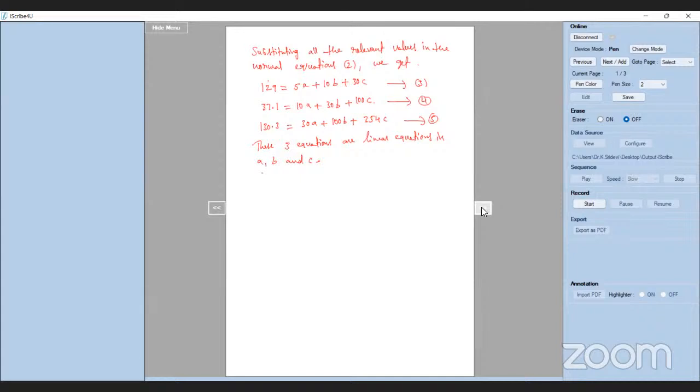To find the values of A, B, and C, we have to solve all these 3 equations. First, take 2 equations, solve them to eliminate the A term and get an equation in B and C. First take equations 3 and 4.